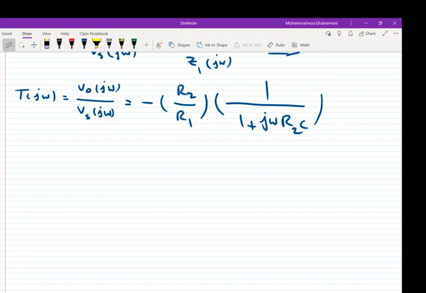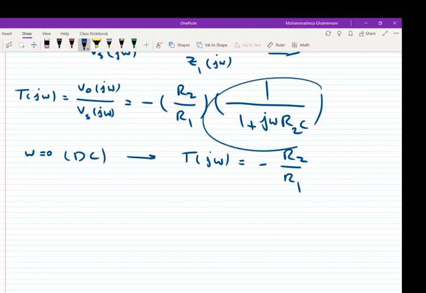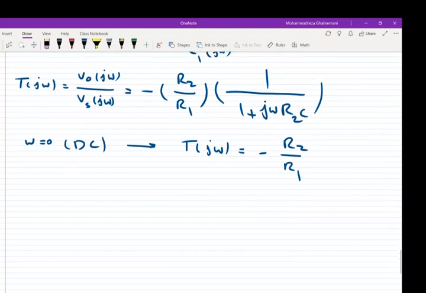Now we simply can see the characteristic or behavior of this filter. So if omega is 0, or a DC signal, we can see that T of j omega is equal to negative R2 over R1, because inside the parenthesis will be equal to 1.